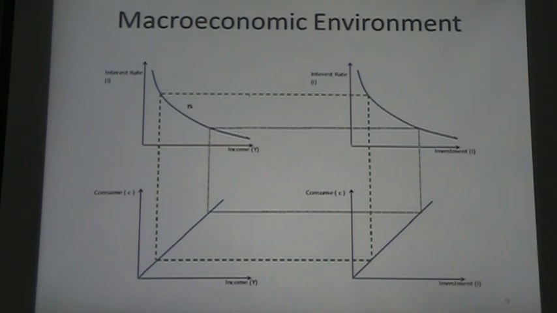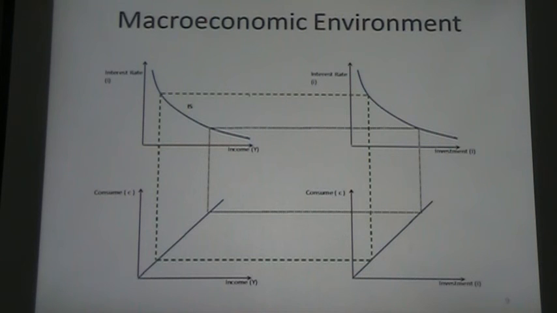Then we have another thing here: the macroeconomic environment. We need to determine what could happen in the future. These are variables that you have seen in the course of macroeconomics. If you thought it was the last time you would see these horrible variables, you were wrong.